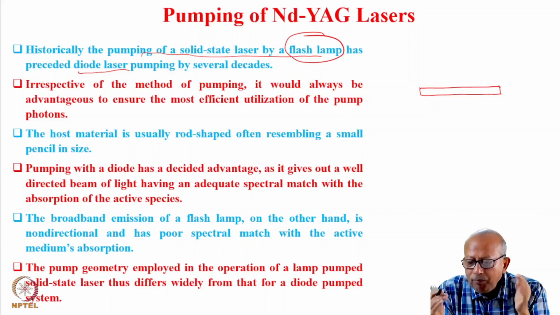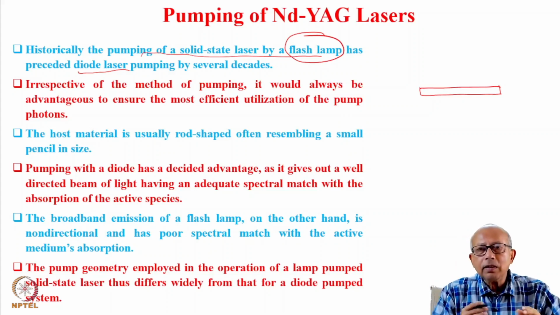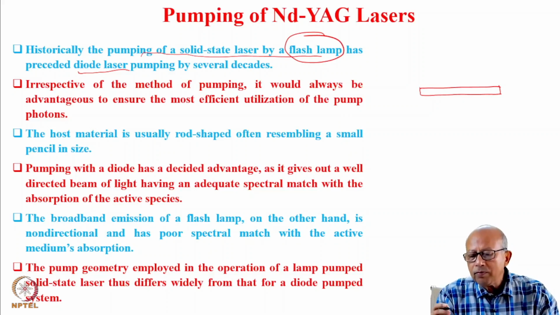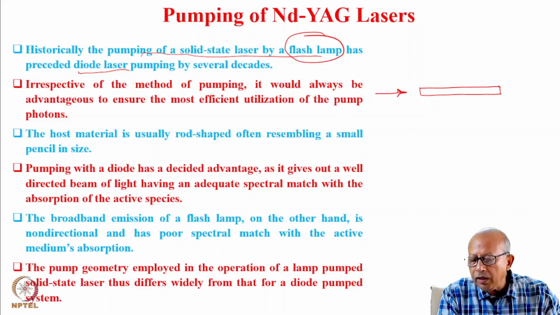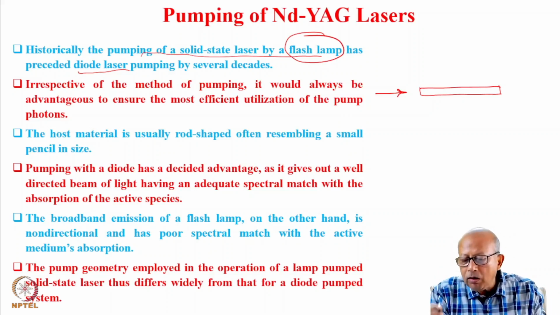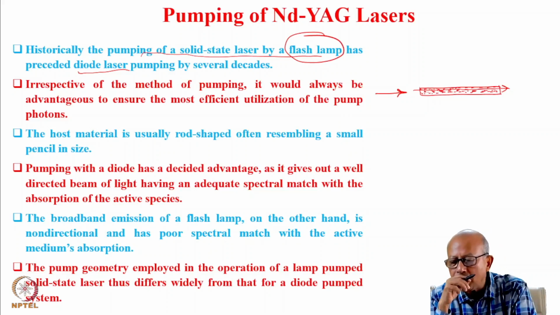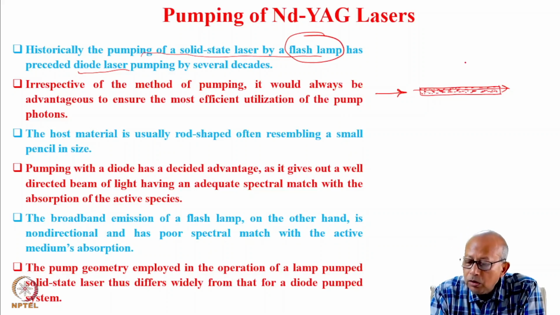Now, pumping this using a diode laser, that is a pumping source which gives you a directed beam of light, would be quite advantageous, because this light can be easily guided into this, and it will have a good spatial overlap with the embedded light emitting atoms. So there will be good spatial overlap.